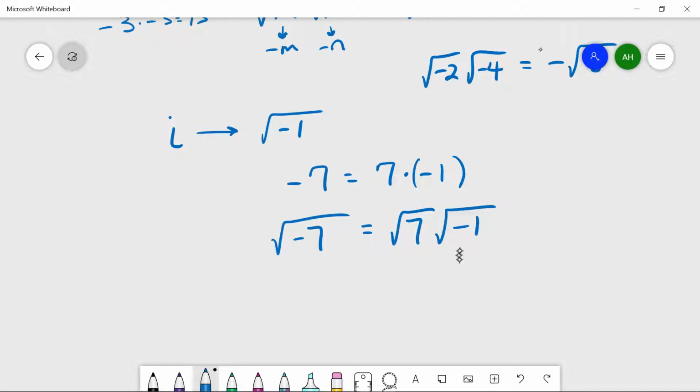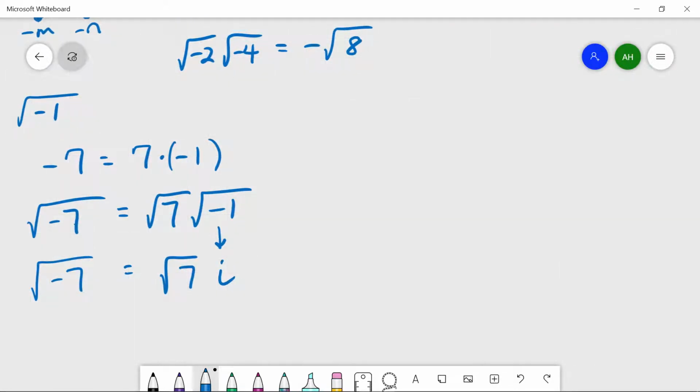So when we've said that the square root of negative 1 is i, this square root of negative 7 is going to equal the square root of 7 times i. So I'm just essentially taking this square root of negative 7, factoring out the negative 1 and replacing it with an i.